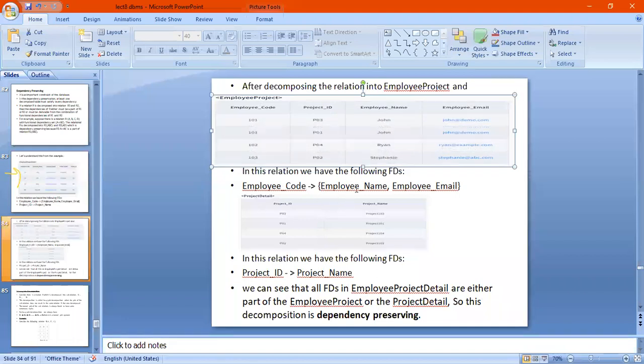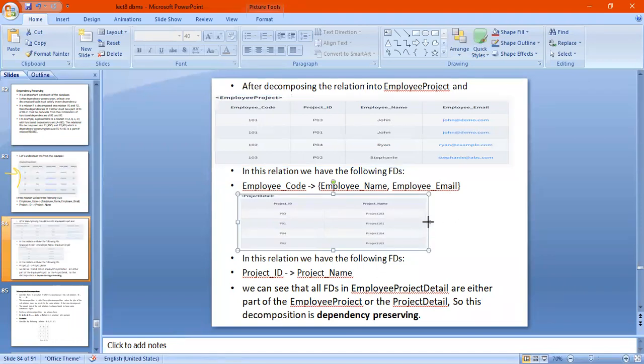In this relation, we have the following functional dependency: employee code is dependent on employee name and employee email. The project details are project ID and project name.